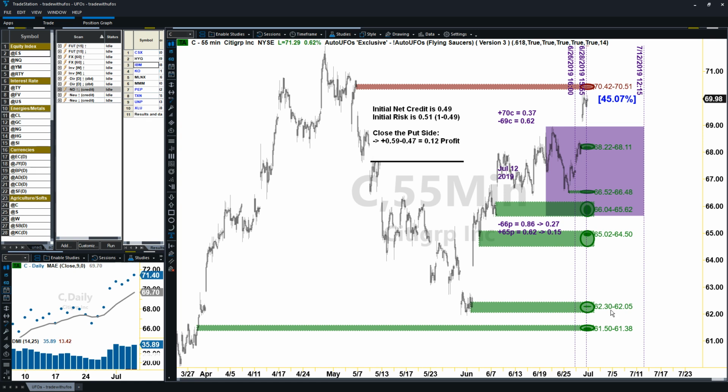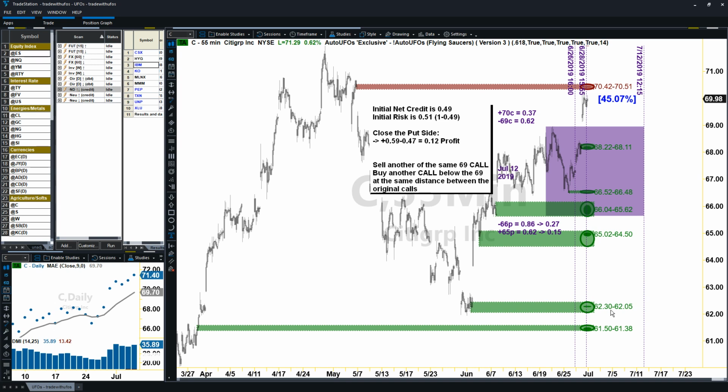So what I'm going to do is I'm going to sell another of the same 69 call, and then I will buy another call below the 69 at the same distance between the original calls.